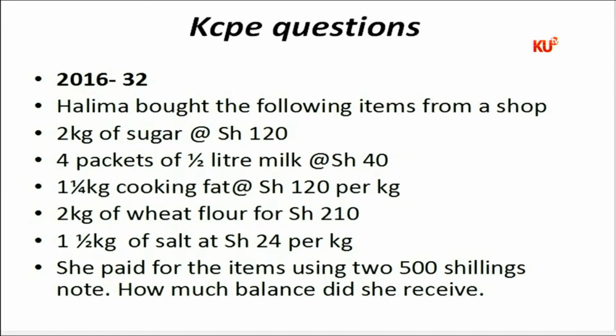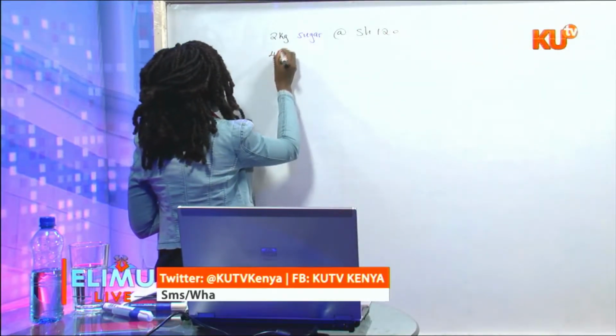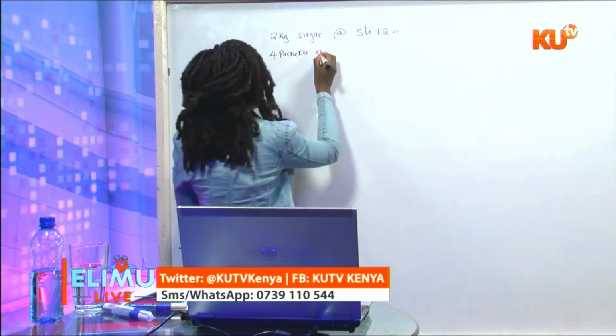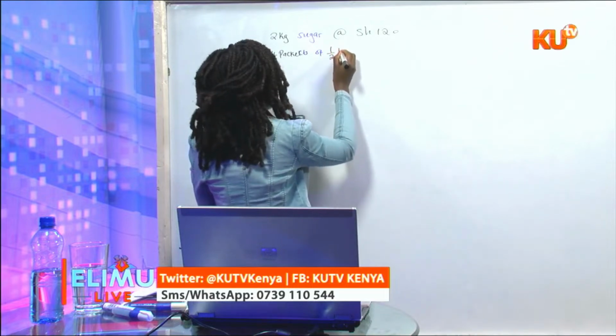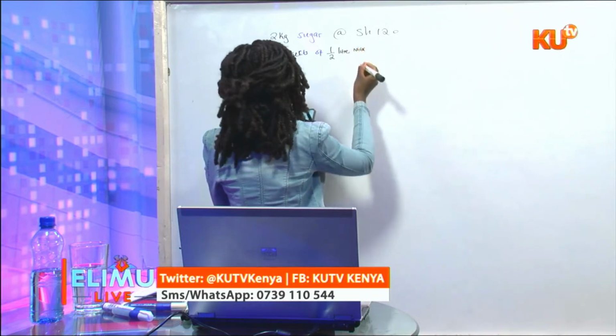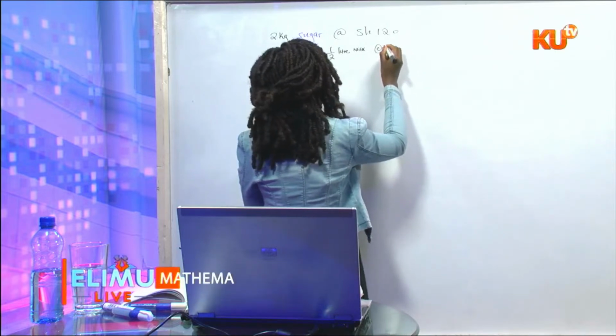So we start by preparing the bill. 2 kgs of sugar at 120 shillings. And then we have 4 packets of a half liter milk at 40 shillings each.